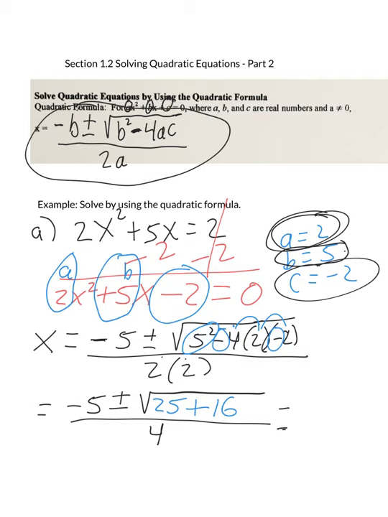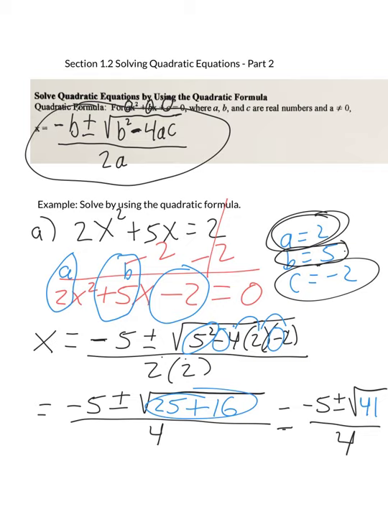Continuing onward, so we have negative 5 on the top left corner, plus or minus square root. Let's add those numbers that I have in blue pen together. So 25 plus 16 is 41. And the whole thing is still being divided by 4. We don't know if we're done yet or not until we check to see if the number under the square root simplifies further.